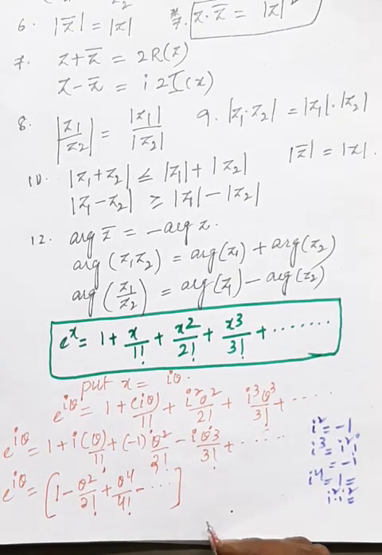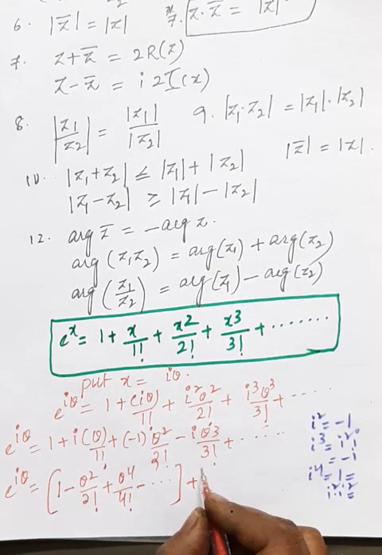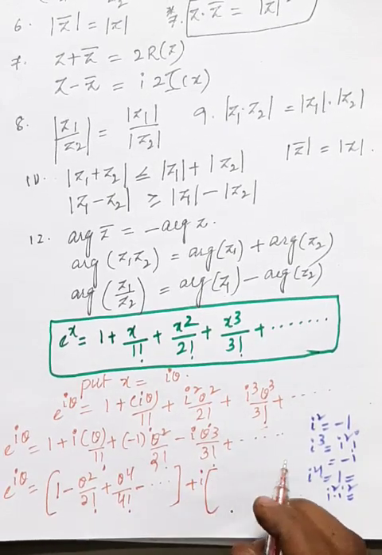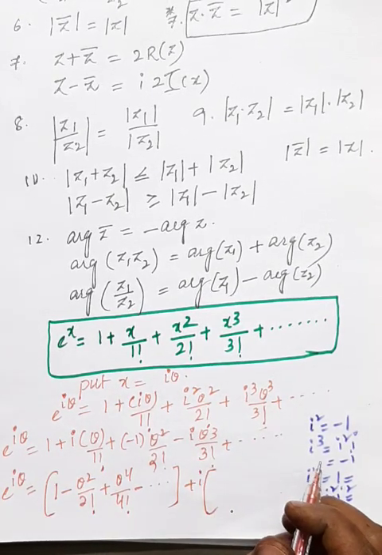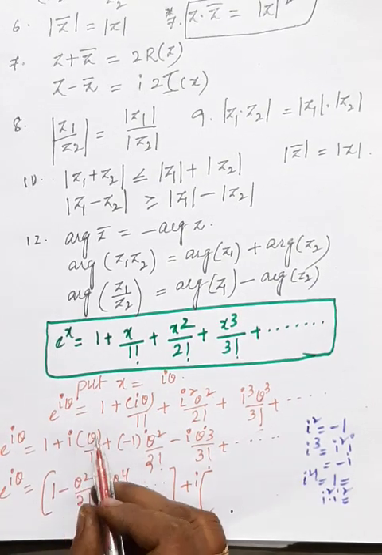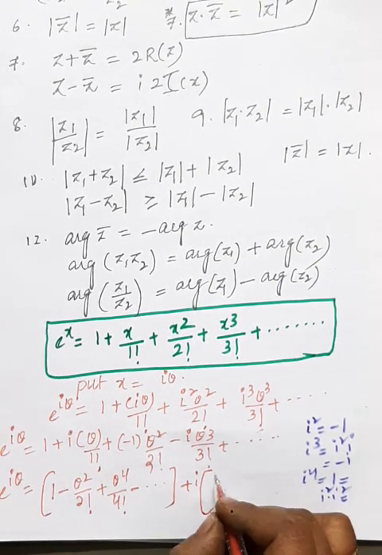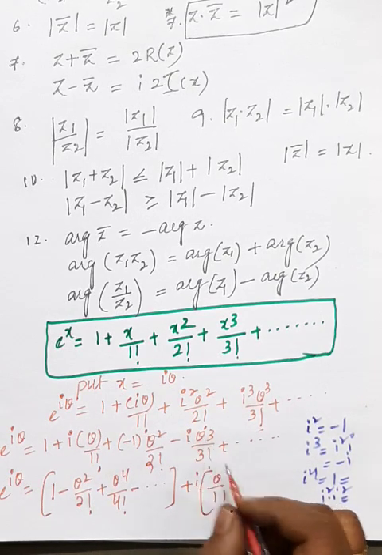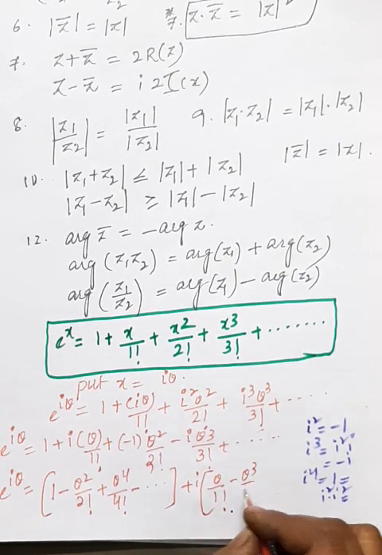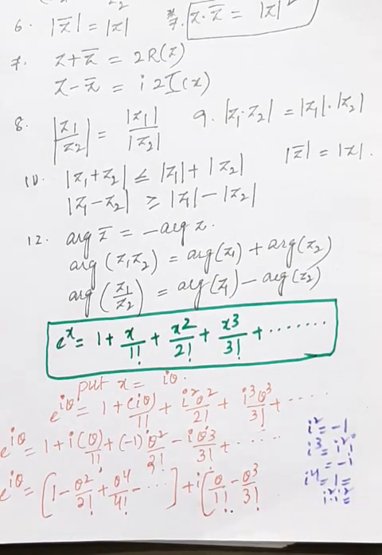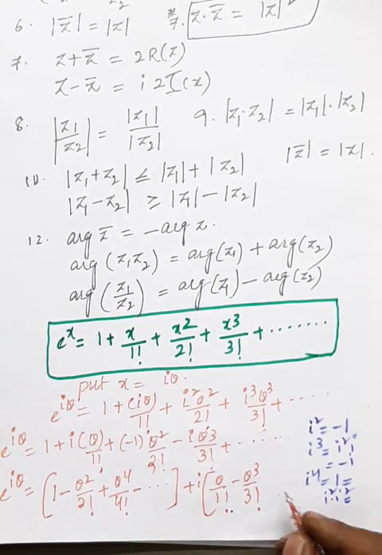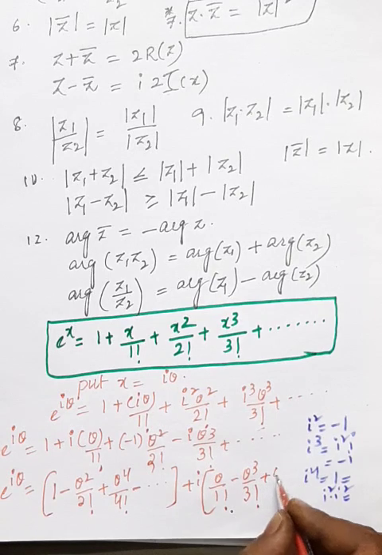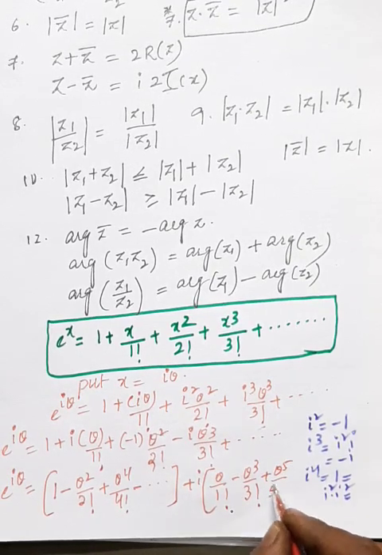Next plus i into, here it is imaginary part, i unna part imaginary antam, i lendi real antam. So i undi evaru theta by 1 factorial. Next minus theta cube by 3 factorial. Next plus theta power 5 by 5 factorial.